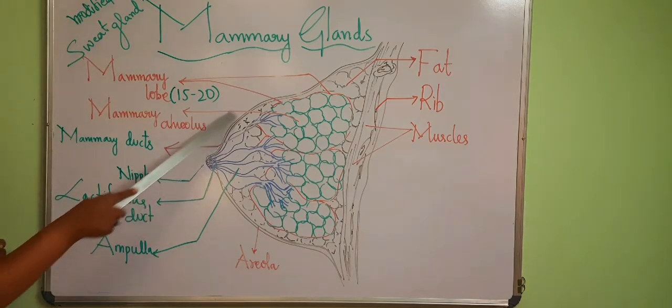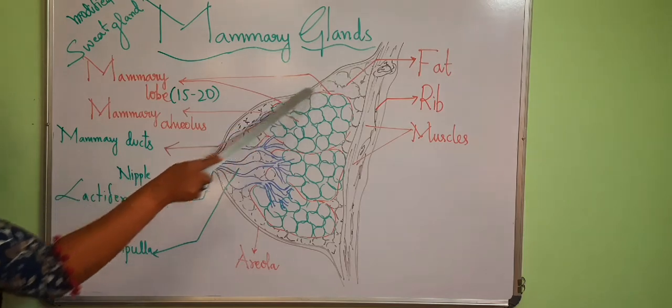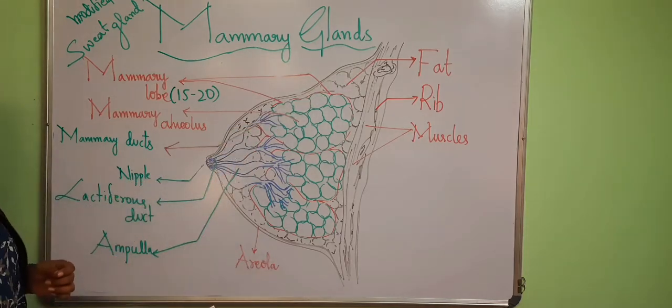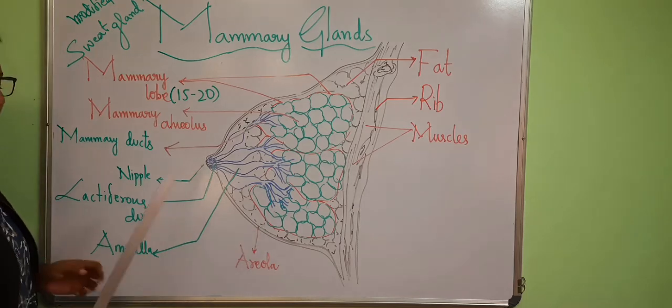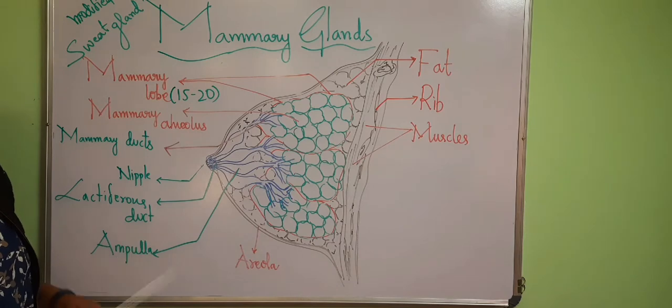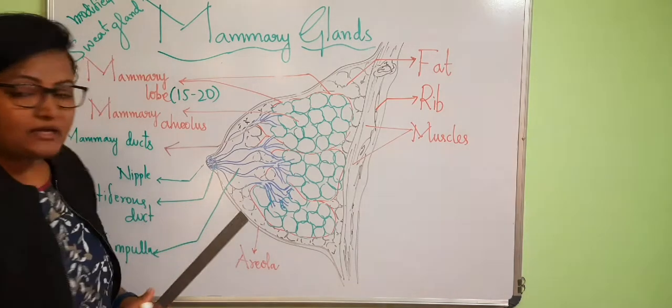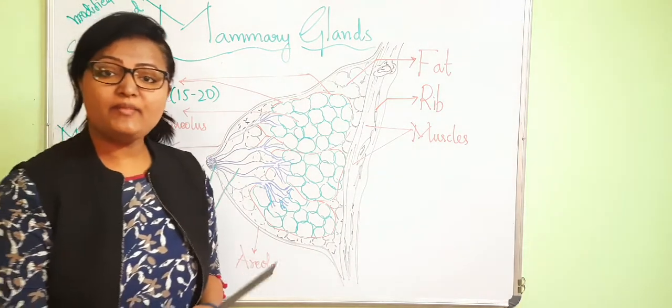This mammary gland is bulge shaped, always in pairs. These mammary glands are functional in female individuals, but non-functional in male individuals.